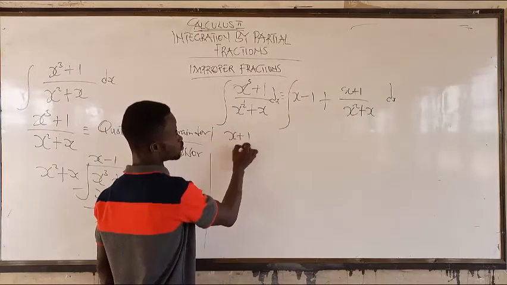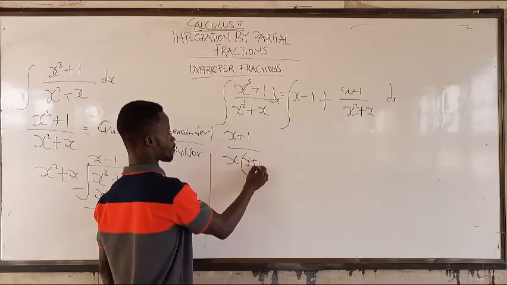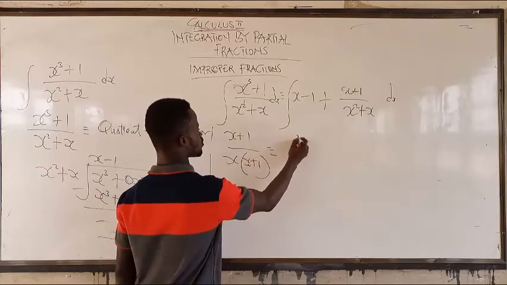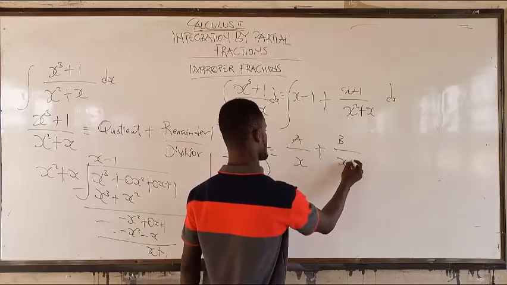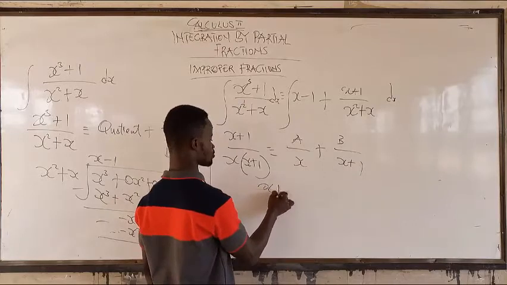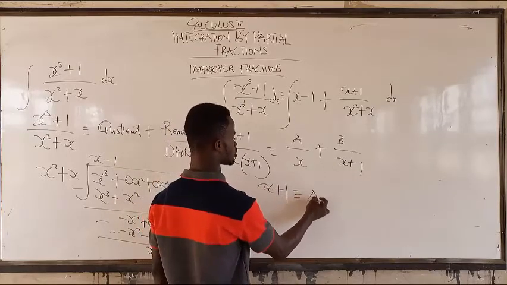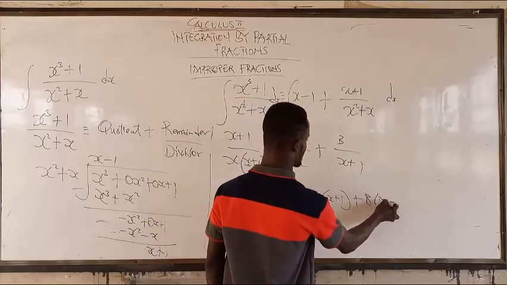So s plus 1 over s squared. Now let's factor. It is identical to a over s plus b over s plus 1. So s plus 1 will be identical to a times s plus 1 plus b times s.